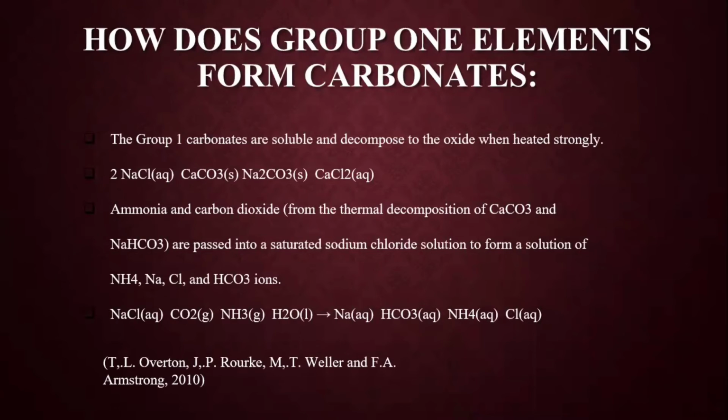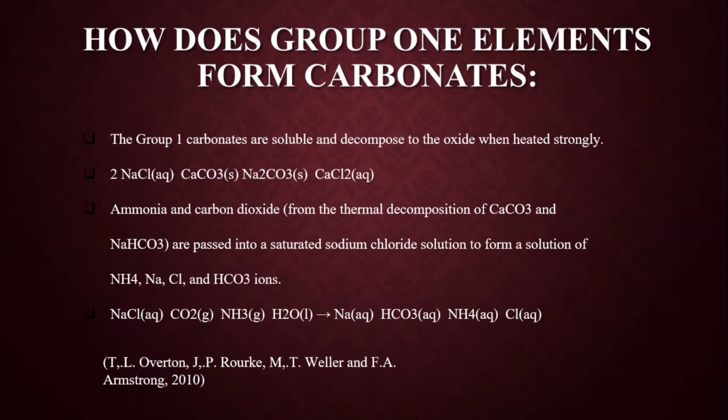The group 1 carbonates are soluble and decompose to their oxide when heated strongly. The elements form the only soluble carbonates, with the exception of the NH4+ ion, although lithium carbonate is only sparingly soluble. Sodium carbonate, with overall reaction using the commonly available feedstocks of NaCl and CaCO3, can be represented by the equilibrium.